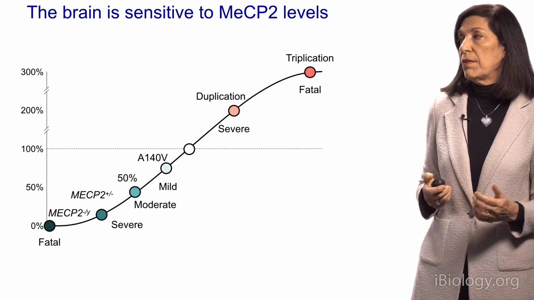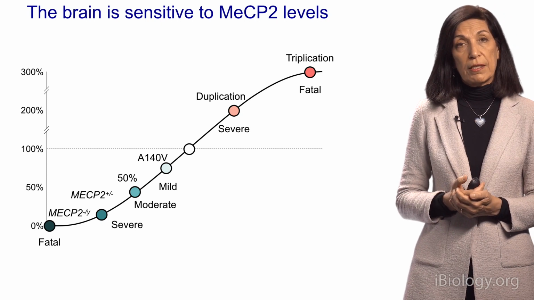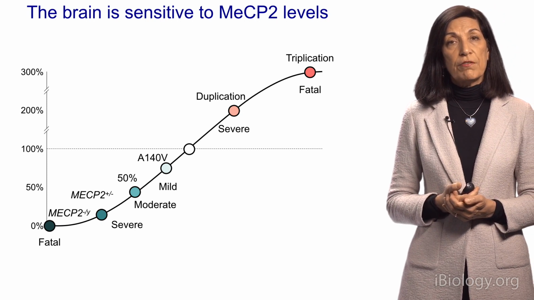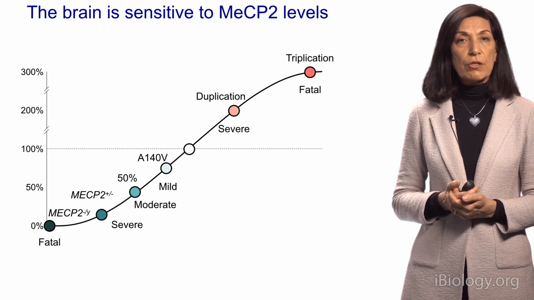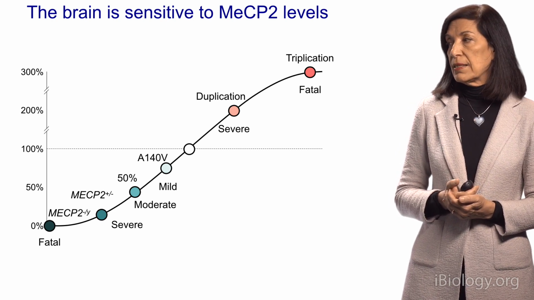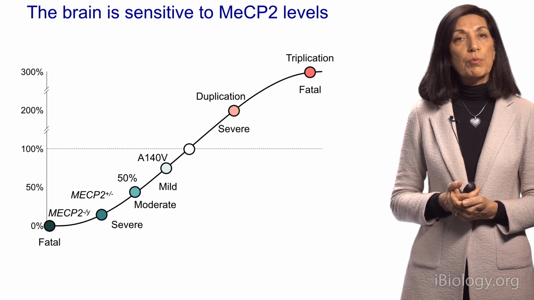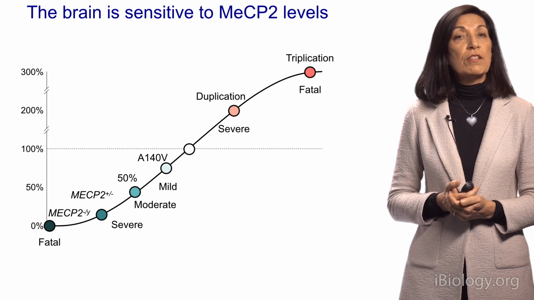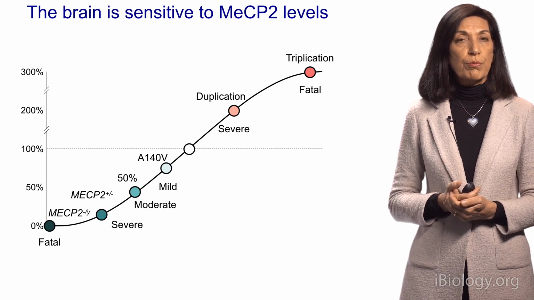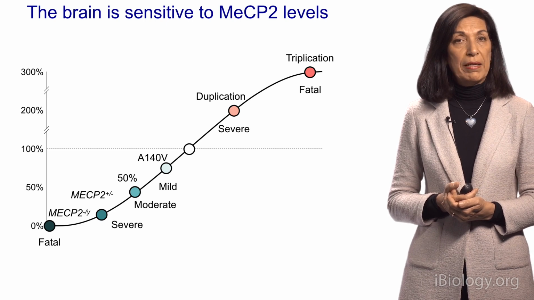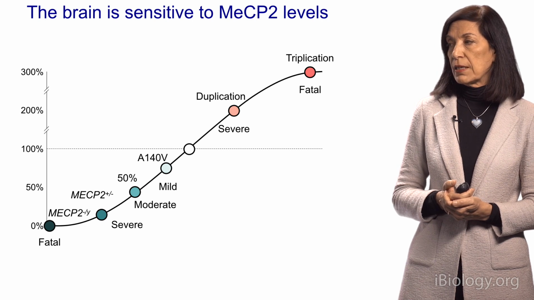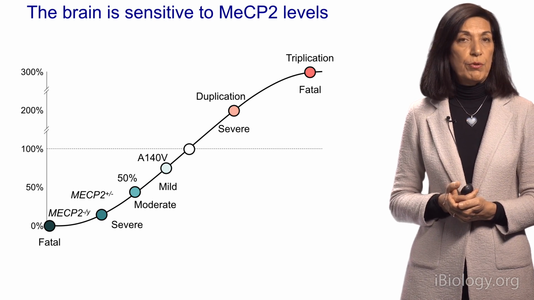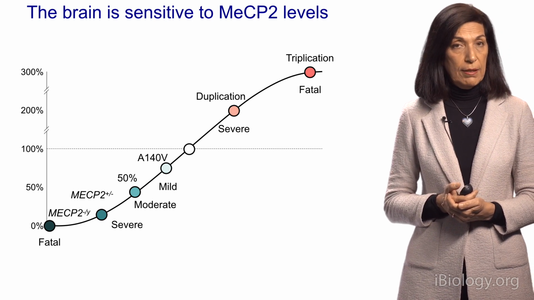And the other thing that we've learned from the discovery of Rett syndrome is the brain is very sensitive to MECP2 level. If you look on this curve, you're going to find the spectrum of clinical presentation based on how much functional protein you have and in how many cells. For example, at the very extreme left, when you have 0 of that protein, it's quite fatal in males.